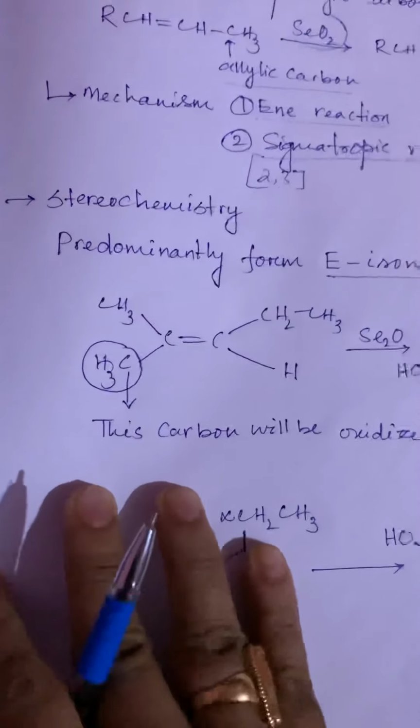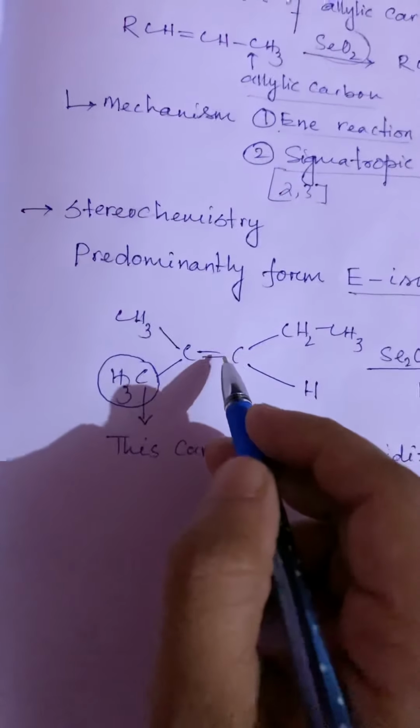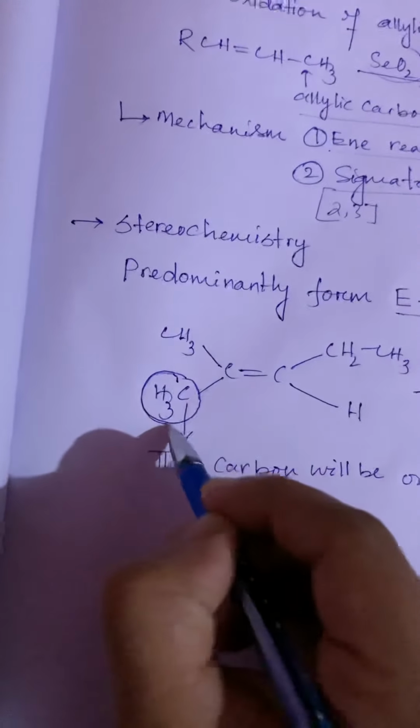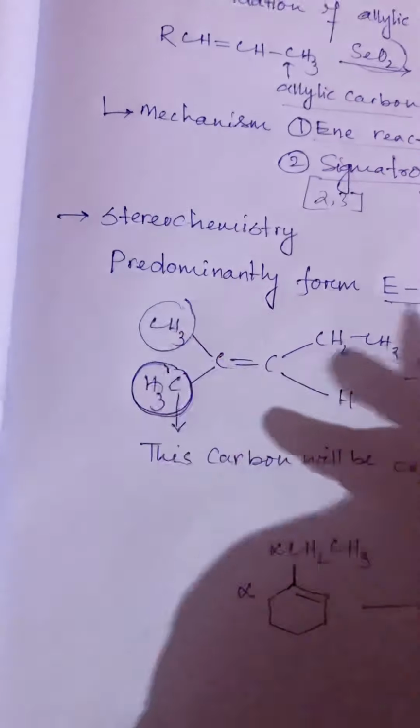As you can see here, in this case we have given this compound. Now you can see this is also an allylic carbon and this is also an allylic carbon, right?